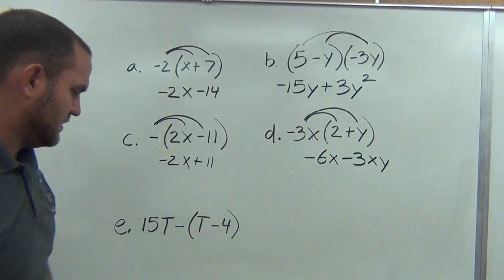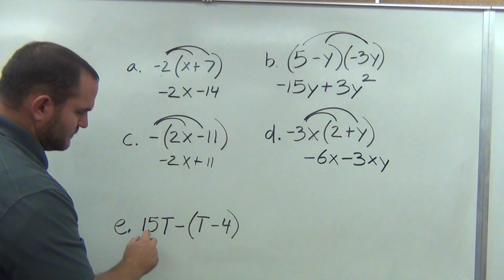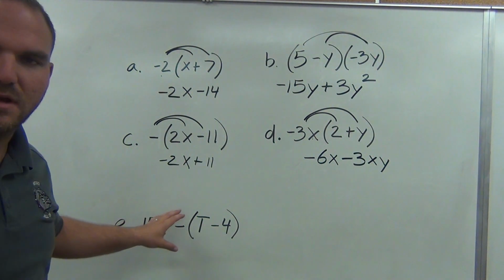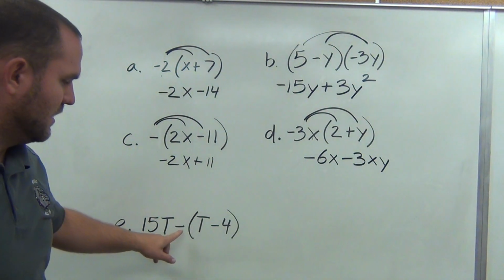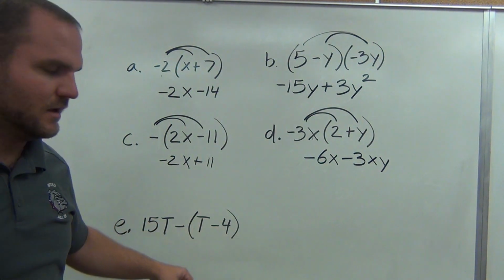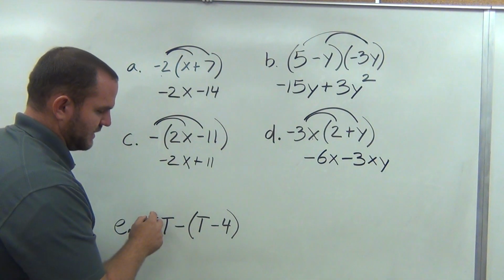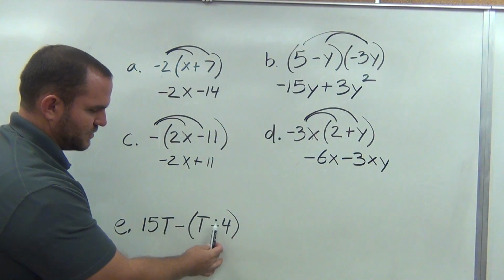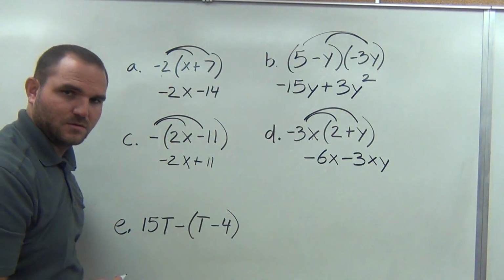All right, last one here. We're moving into this problem. I've seen this one mess up a lot of kids. You have a 15t minus your group, your parentheses. Now, what I've seen in the past is that they will take this number and distribute it in, and miss that this negative is actually next to the group.